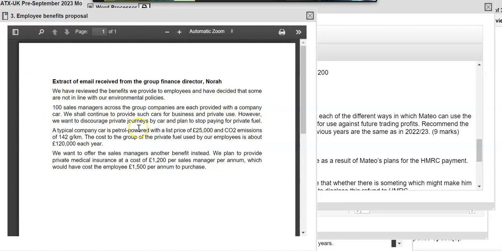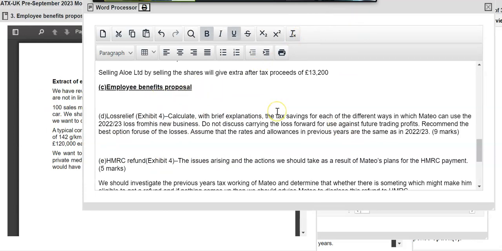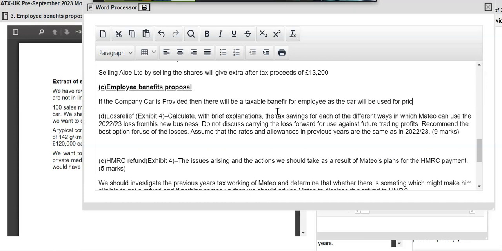So the first is the company car, right? Let's write something about it. If the company car is provided, then there will be a taxable benefit for the employee as the car will be used for private purposes.